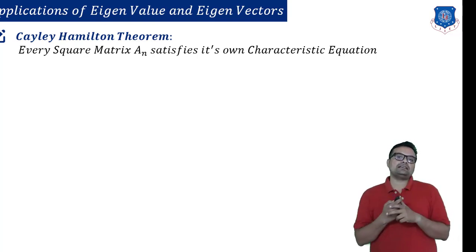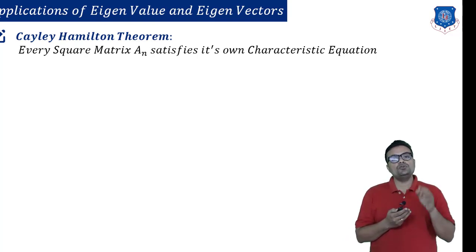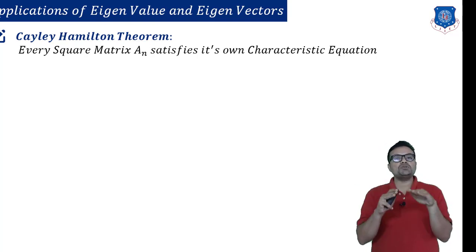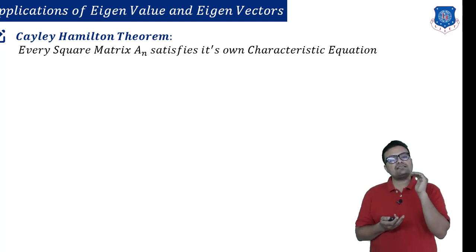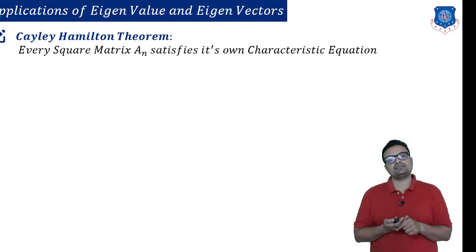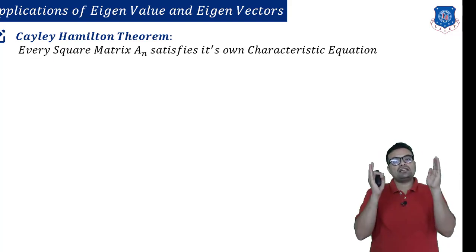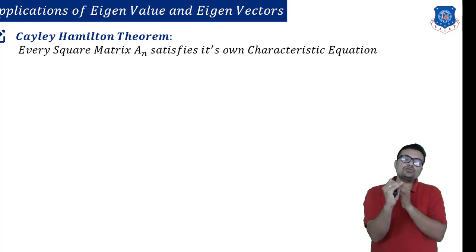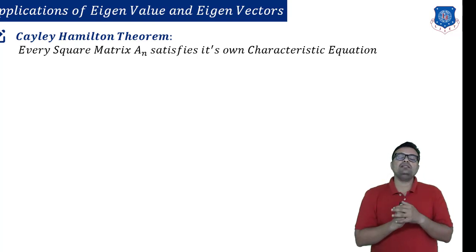Whenever you have a square matrix A and you are finding the eigenvalues of A, you are following an equation with S1, S2 and S3, and then finding S1, S2, S3, taking them into the equation and factorizing it will give you eigenvalues. But to find the characteristic equation, we need to find only S1, S2, S3 and plug them into that equation. That equation itself is known as the characteristic equation, and roots of that equation are known as characteristic roots, which are nothing but eigenvalues.